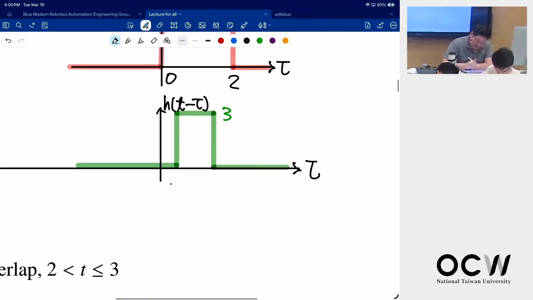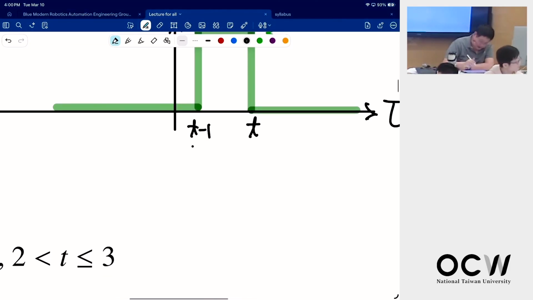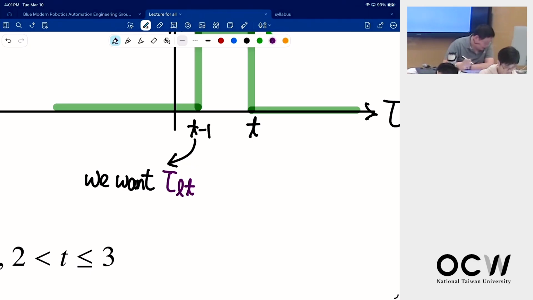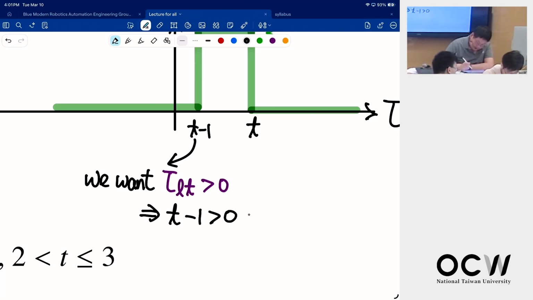This is still t minus 1 and t. For this point we want tau left t greater than 0, which means t minus 1 is greater than 0, so t is greater than 1.